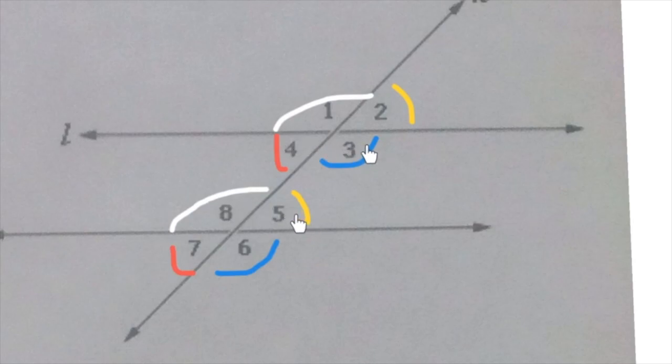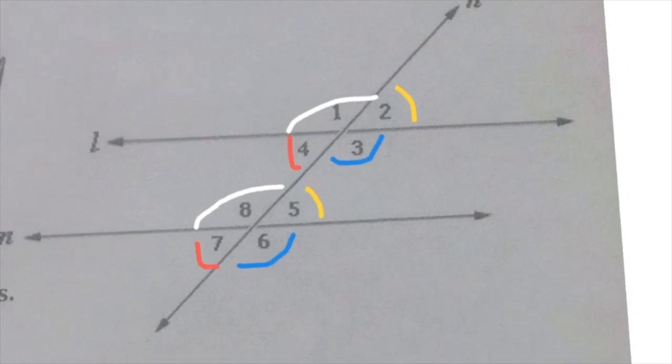And then a quick check on your math here. Angle 3 and angle 5, are they the same or are they different sizes? Well, 5 is an acute angle, 3 appears to be an obtuse angle, so there's no way that they could actually be equal to each other. But if these two lines are parallel, then these two angles will add up to 180 degrees. Another fact that gets used.